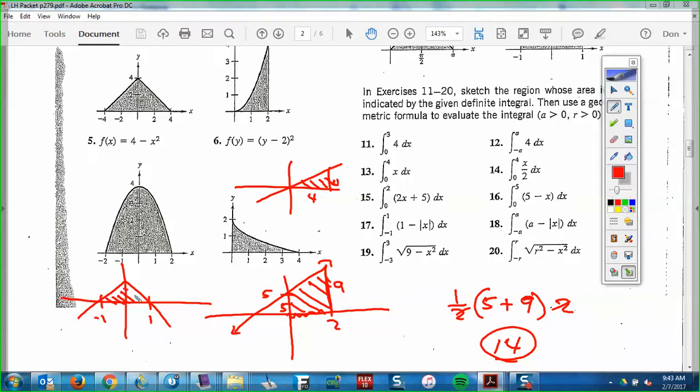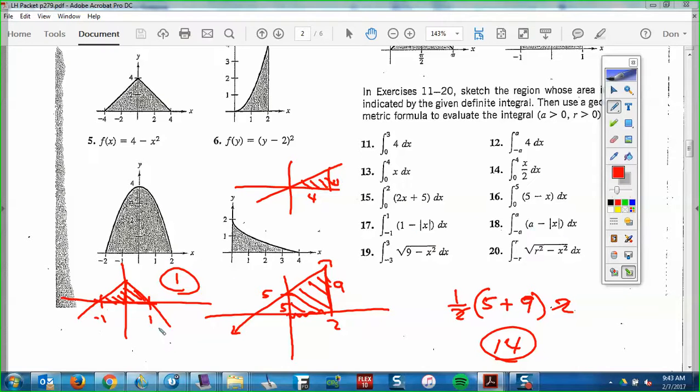So the area from -1 to 1. They could have made that harder by not just doing -1 to 1. They could have made you add on some negative area, like if they went -1 to 2, then you'd have another piece of triangle over here with negative area that you would have had to add on. But in this case, it's just this piece of area, which is a triangle. It's 2 by 1, so 2 times 1, half of that is 1. So for 17, you should have 1, right?